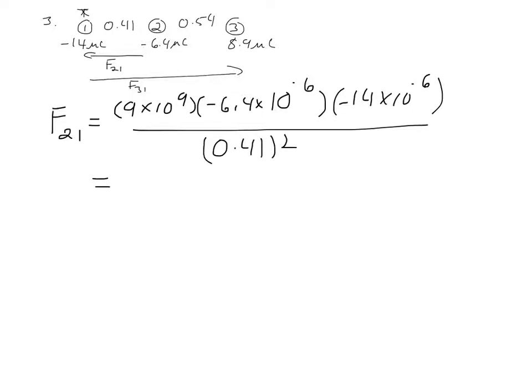We do that, we should get force 1 on 2 equals 4.8 newtons, as our negative signs cancel out, and we drew from our arrow that that's pointing to the left.